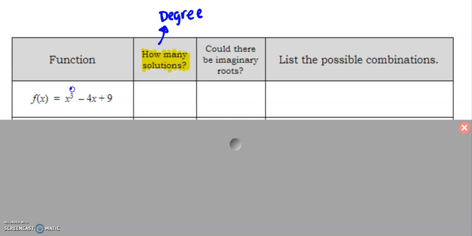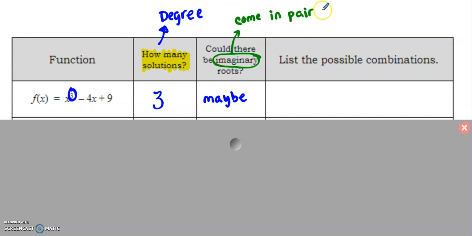So in this case, our degree is 3. So how many solutions could there be? There could be 3 solutions. Could there be imaginary roots? Sure, that's possible. So we're going to put a maybe. But remember, imaginary roots come in pairs.